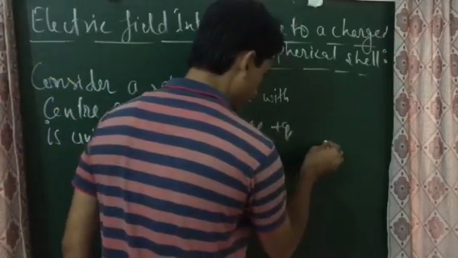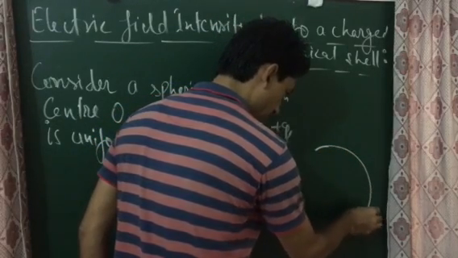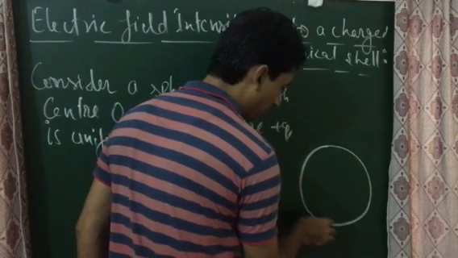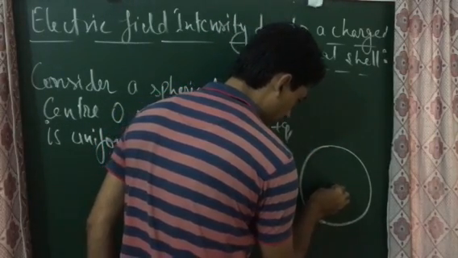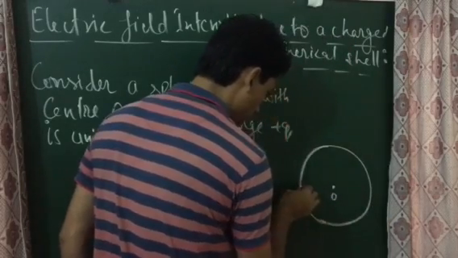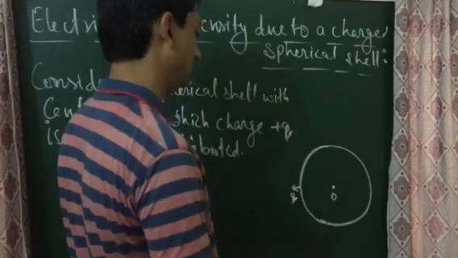So मान लीजिए एक spherical shell है with center O on which charge Q is uniformly distributed.